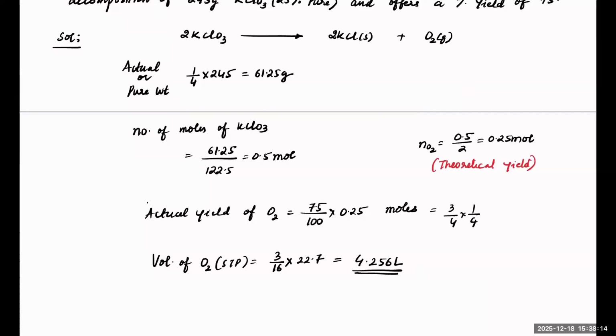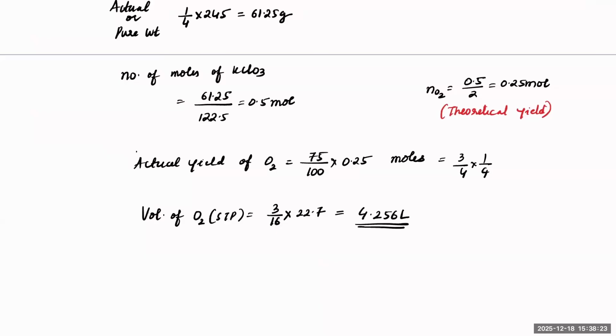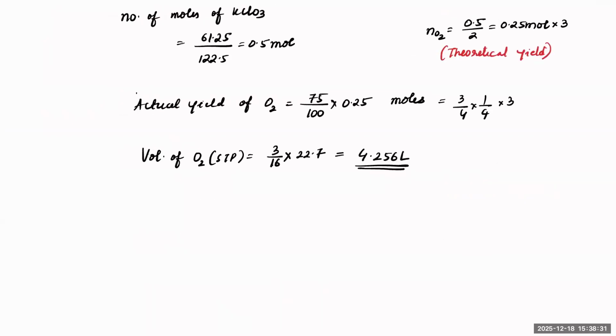Oh, sorry, sorry. I made one mistake. Here it should have been 3. So I need to multiply that 3 also. Once again, here, into 3.